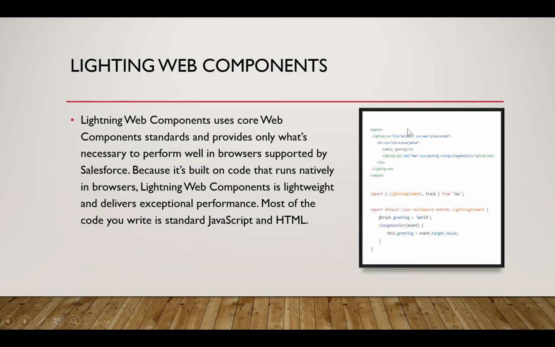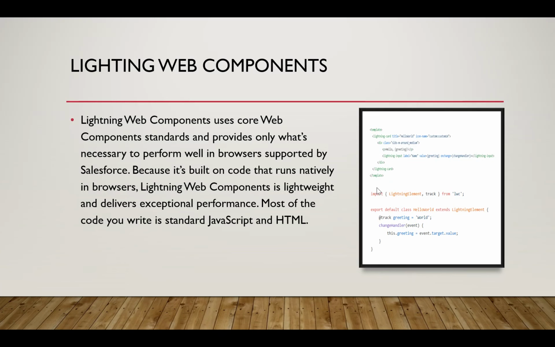So this is the structure. What are the different files that will be available? We'll have an HTML file, which will be our UI. We'll have a JavaScript file, and then we'll have an XML file that will store the information of where these web components will be used.